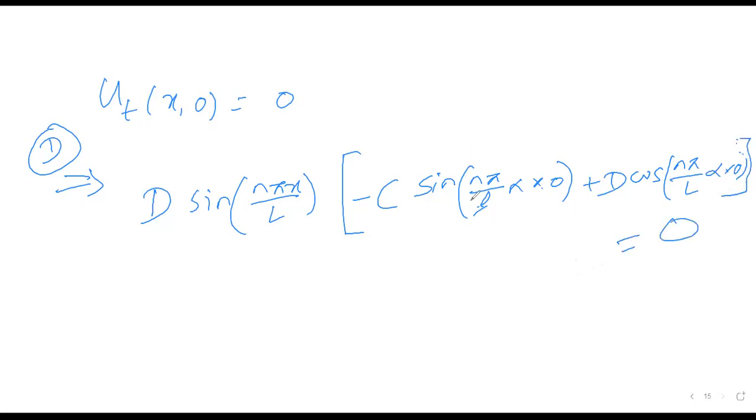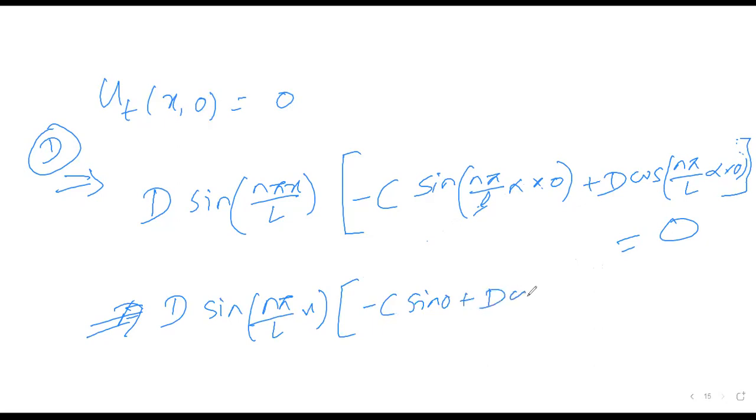I already know sine 0 is 0, so you can write the next line: sine n pi x over L, which is equal to minus c sine 0 plus d cos 0 is equal to 0. So this will be 0. I already know. Sorry, this will be b, no?